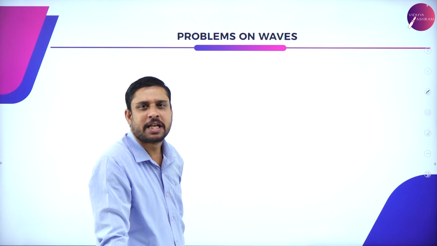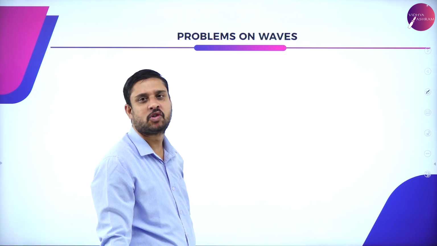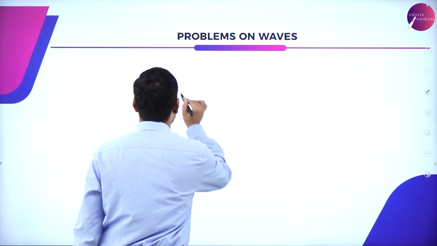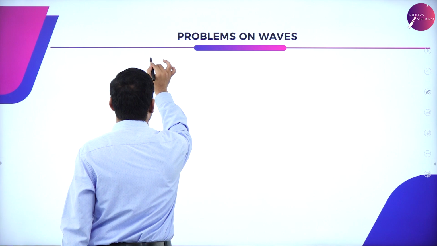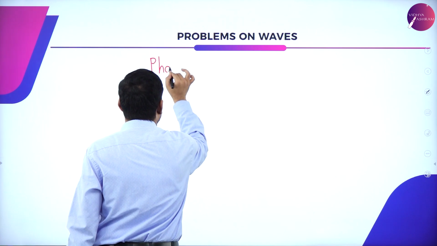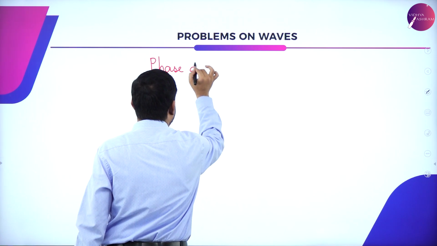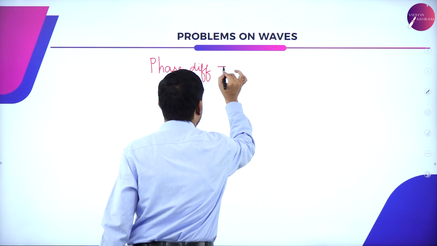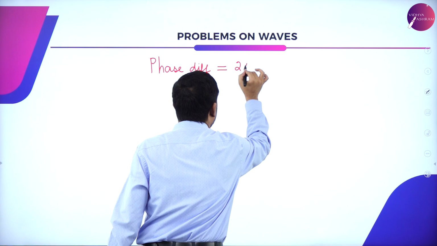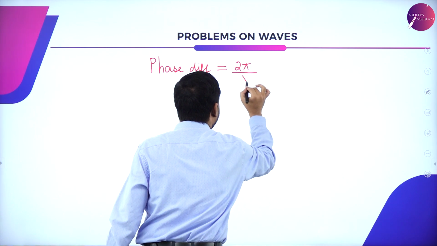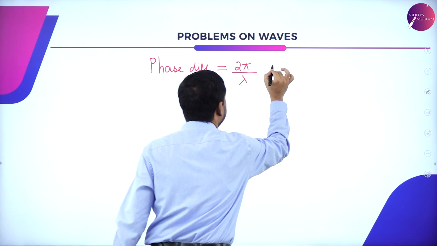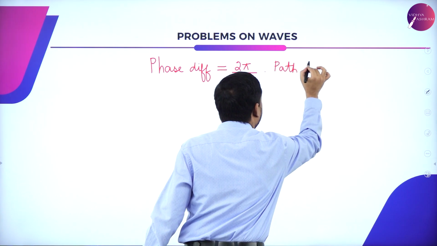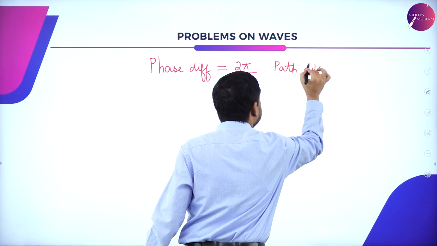Do I know the expression for phase difference, students? Very much yes. Phase difference is equal to 2 pi by lambda into path difference.